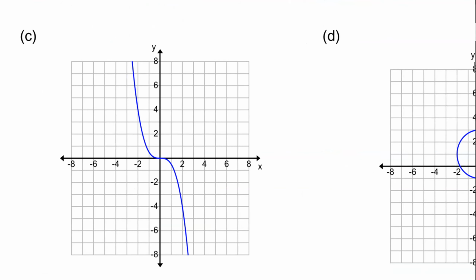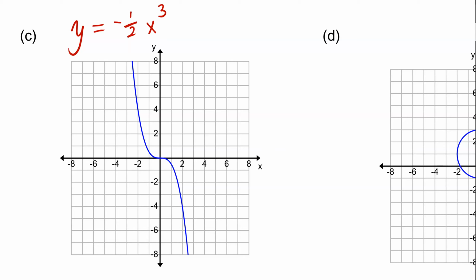Let's try this one. This is negative 1/2 x cubed.